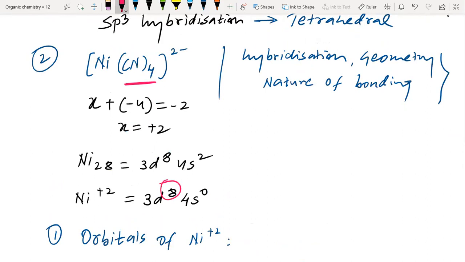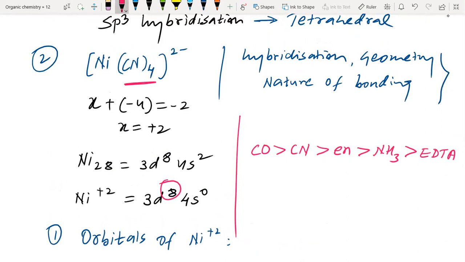Now how do we understand which one is a strong field and which one is a weak field ligand? For that, I'll write here: CO, CN, en, ammonia, EDTA. Then further we have NCS and water, etc. Many more are there.